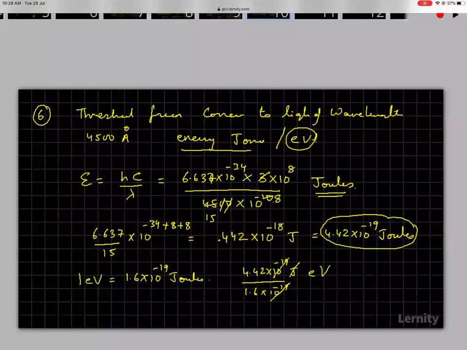So 10 power minus 19 gets cancelled. 16 into 2 is 32, 32 means 122, 122 means 16 into close to 7. So it is approximately 2.7 electron volt. Now you can divide it exactly and find out what it is.